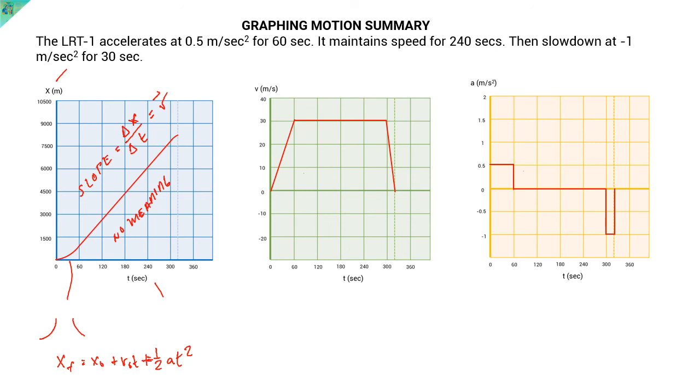Next is the velocity time graph, determined by having velocity and time on the y and x, and then the slope here determines the change in velocity over the change in time, which means it is the acceleration. The area within means it's the distance traveled.